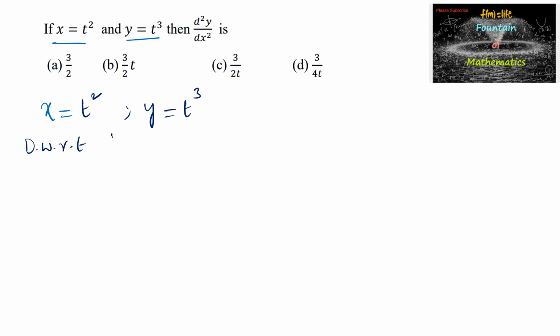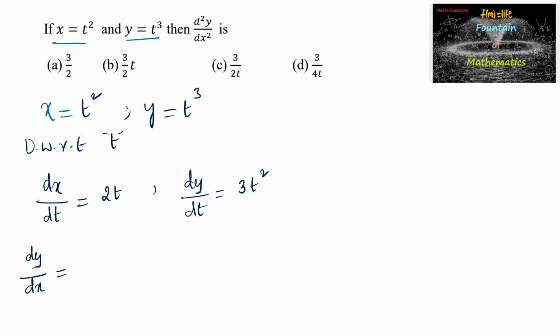Differentiating with respect to the variable t, we get dx by dt is equal to differentiation of t square is 2t, and here dy by dt is equal to t power 3 differentiation is 3 into t to the power 2, and now dy by dx is equal to, in parametric form, dy by dt upon dx by dt, which is equal to 3t square upon 2t, that is 3 by 2 times of t.